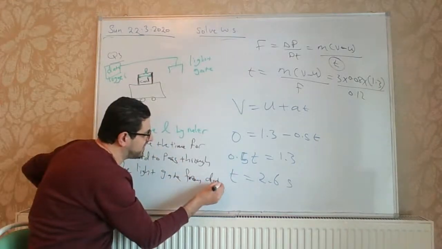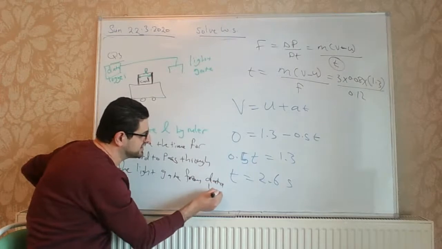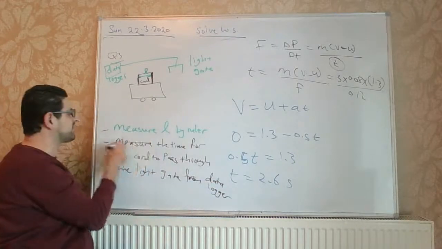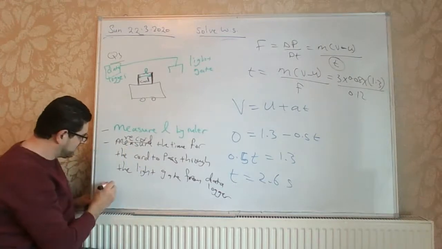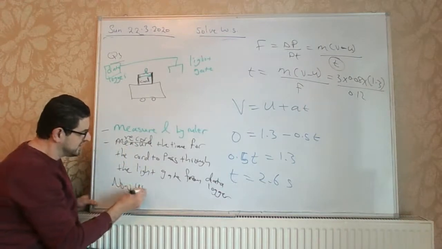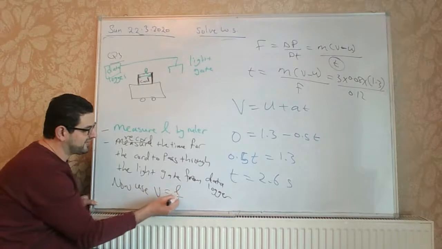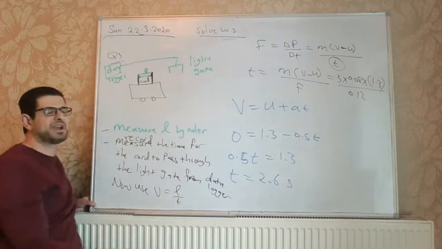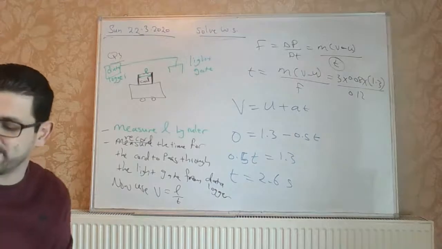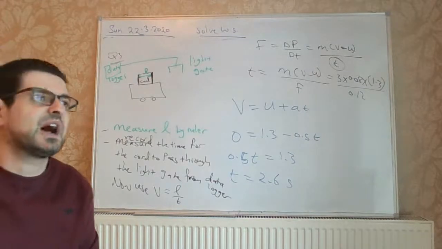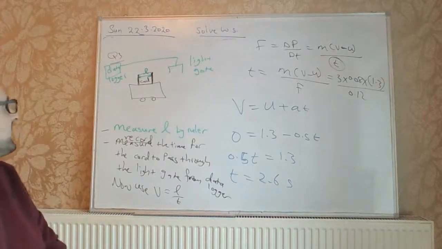The data logger will give you the time. You don't actually measure it; you just record the time and it gives you the time immediately. Now use velocity equals L over T. Of course you may repeat it to get an average velocity if you want to make sure your whole experiment is right. But this is how to measure the velocity of anything.